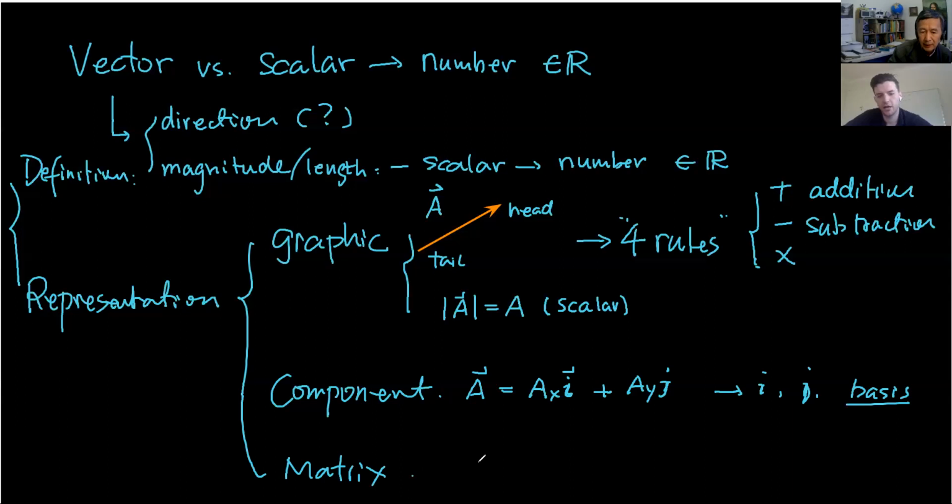You know that we mentioned at the beginning that vectors can also be represented by arrays of numbers, just as ax, ay. Okay. Or sometimes we can also represent it as a matrix like this one. It's called a row matrix.